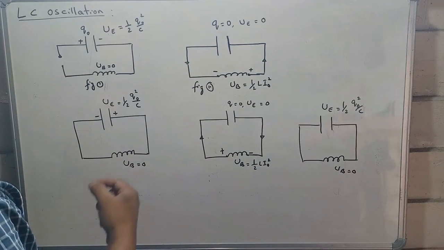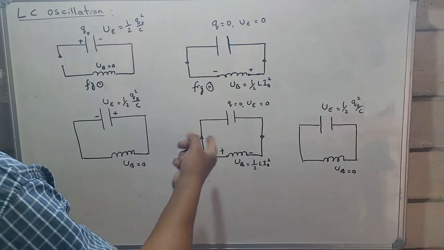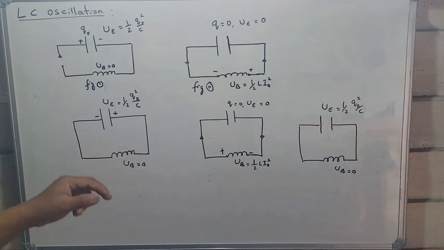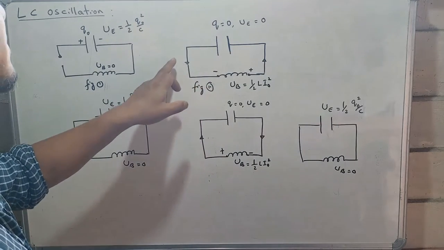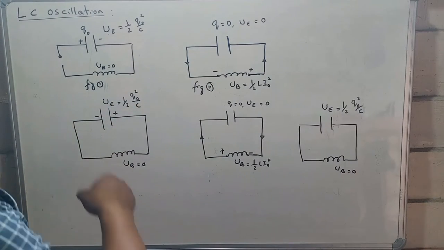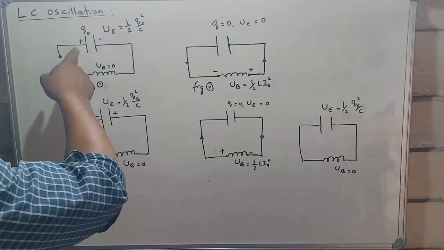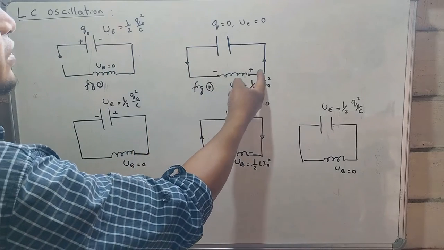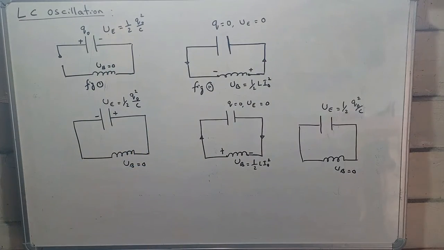Because of the flowing of charge from the capacitor to the inductor, a current is going through the inductor. If this is the positive plate, then the current moves from this positive plate through the inductor and comes to the negative plate.